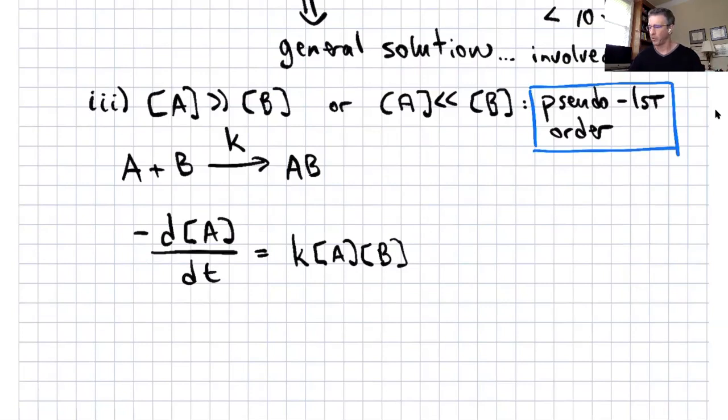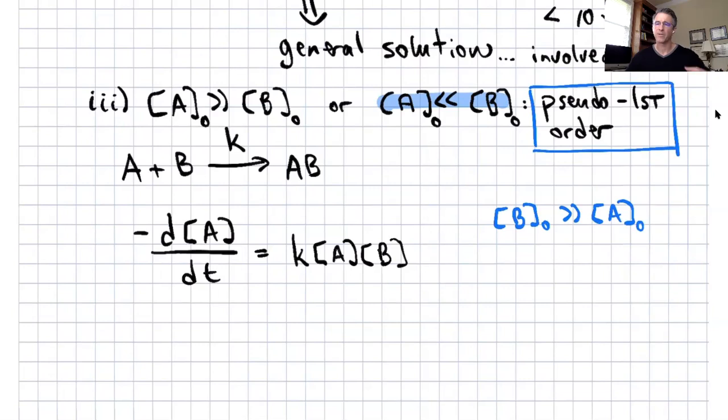But remember, we're under pseudo first order conditions, where we're going to assume that the concentration of A is much less than the concentration of B. And let me be a little more explicit about that. Let's say A0, our starting conditions here, right? Well, if the concentration of B is a lot greater than the concentration of A when we start, is the concentration of B going to change much?